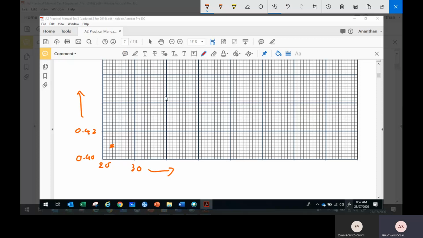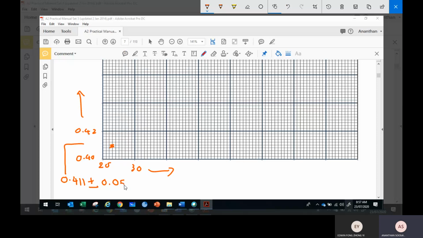Error bar means how much the value has been as a range. How much of the range it has. So your y value from the data is 0.411 plus minus how much? 0.05, right?